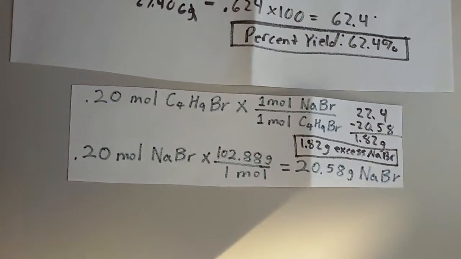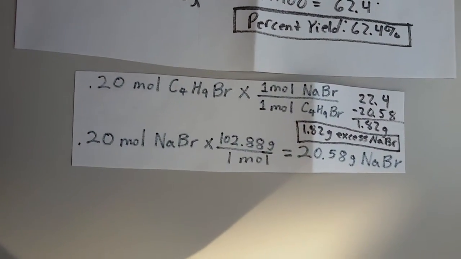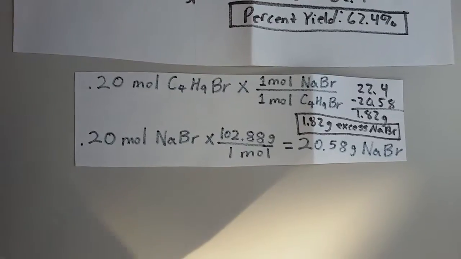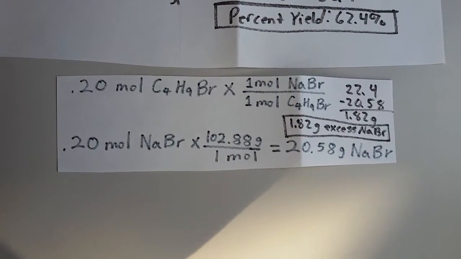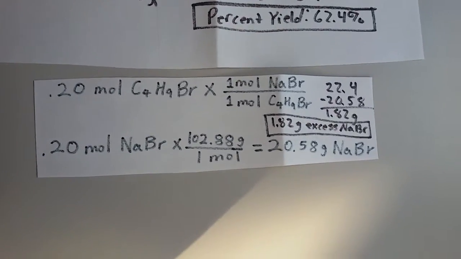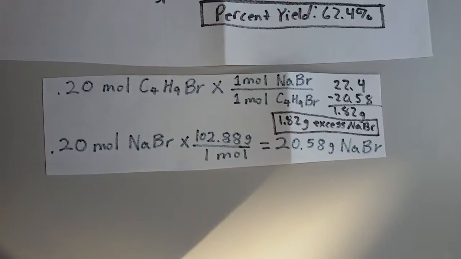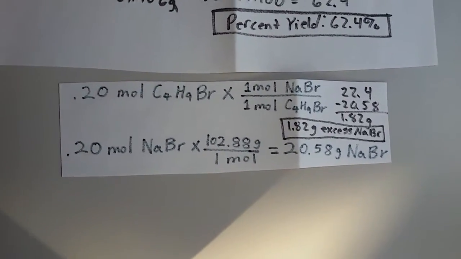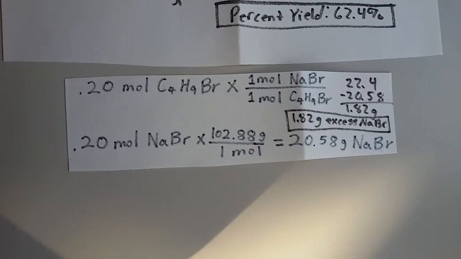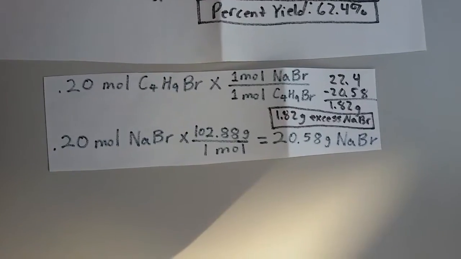Now for part C, 0.20 mole C4H9Br times 1 mole NaBr over 1 mole C4H9Br, and it becomes 0.20 mole NaBr times 102.88 grams over 1 mole equals 20.589 grams NaBr.